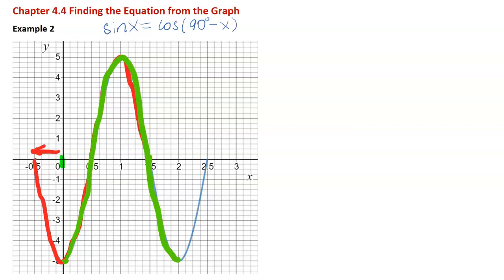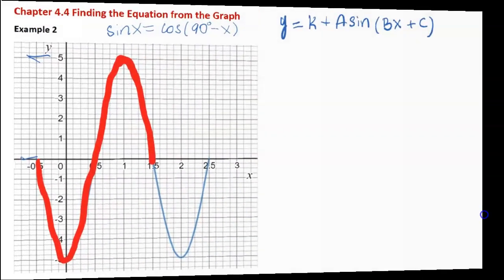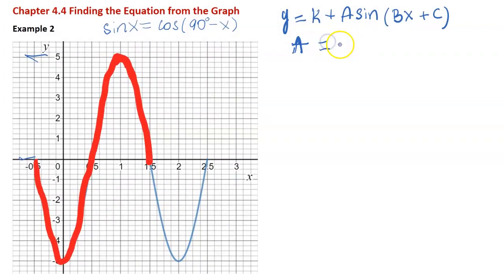Let's start with the sine form we're already familiar with. Y equals k plus a times sine of bx plus c, and identify the coefficients. We can see from the graph that the amplitude is 5. Since the graph has been reflected about the x-axis, a will be -5.